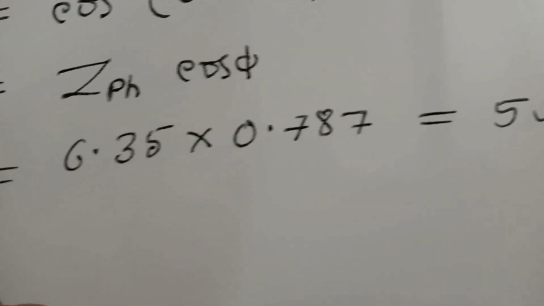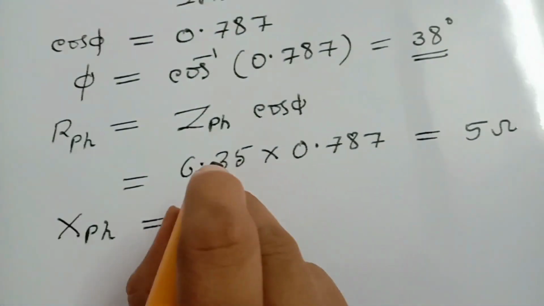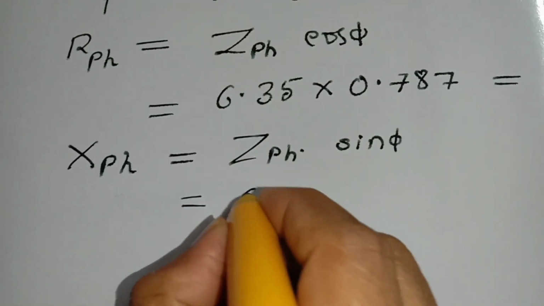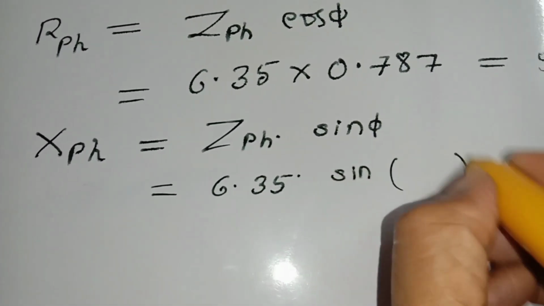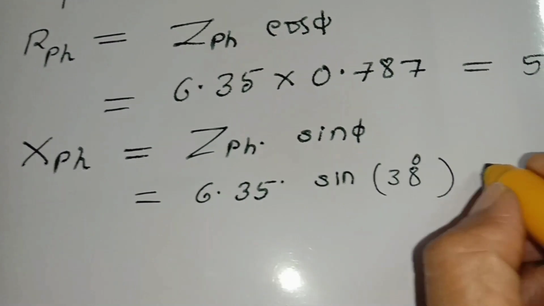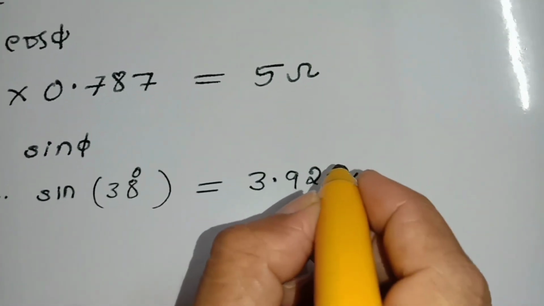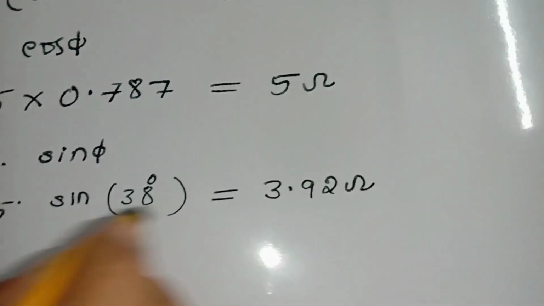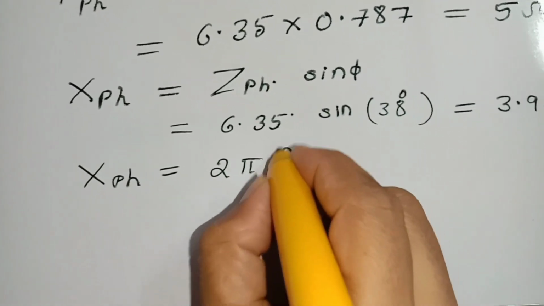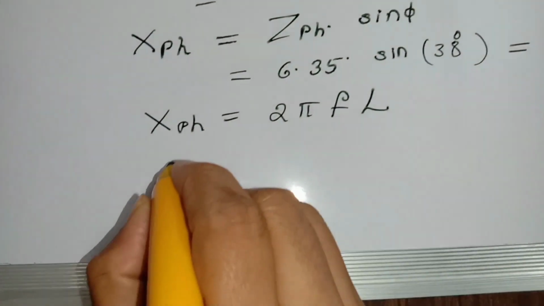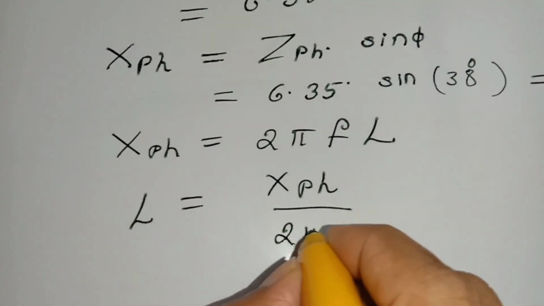Next, the reactance XPH is given by 6.35 into sine of phi is equal to 38 degree, which you will get as 3.92 ohm. Now it is asked to find out the inductance. We know the inductance X is equal to 2 pi f L. So L is equal to XPH divided by 2 pi f.